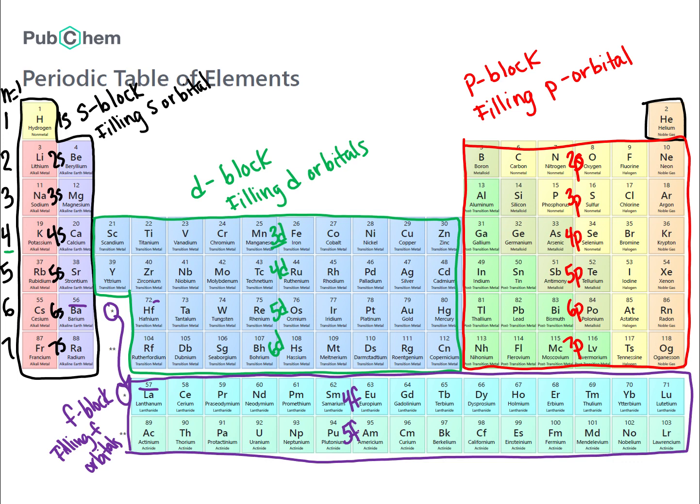And I've also put the sublevels. So you've got the main energy levels over here, and then you've got the different sublevels for each row. This will help you tremendously as you're learning to write the full electron configuration. As you get more comfortable, you may not need to have all of these notations on your periodic table.